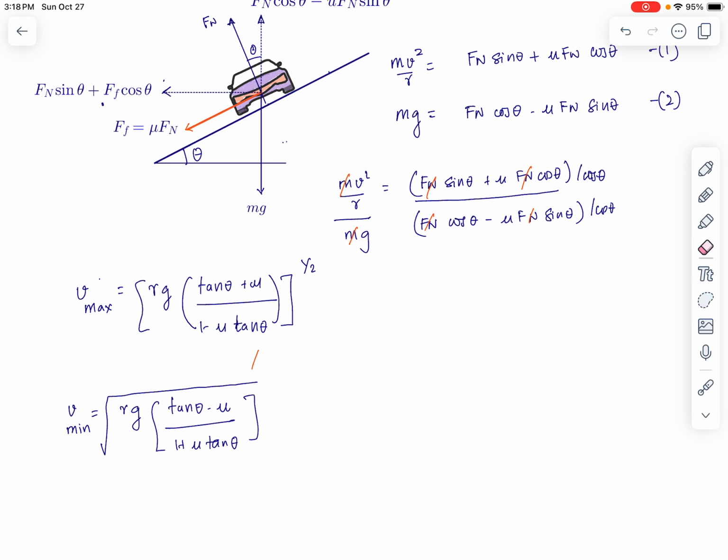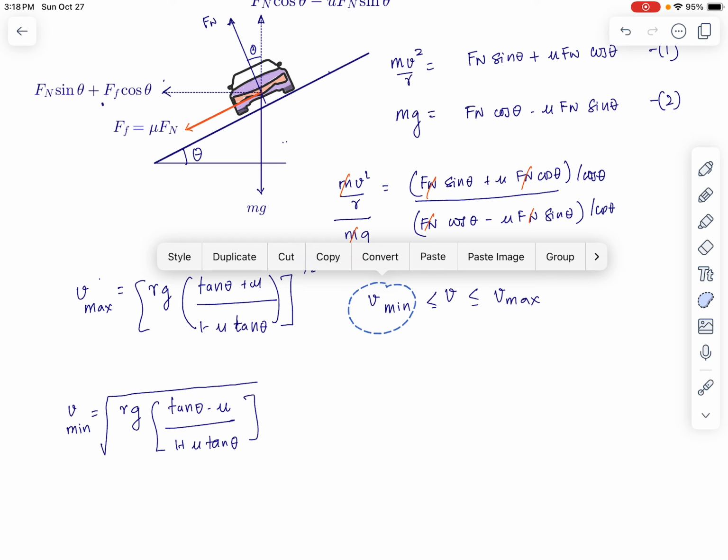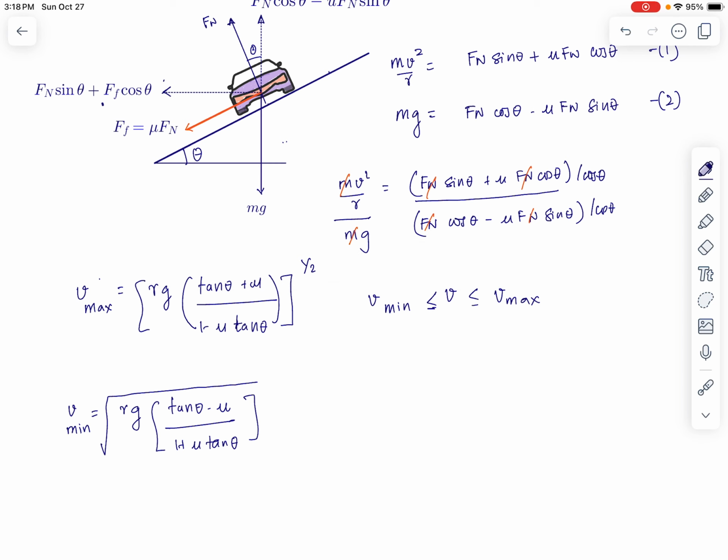So here the car needs to have a velocity that's in the range, the maximum and minimum. Okay, so we need to have the velocity to be in this particular range.